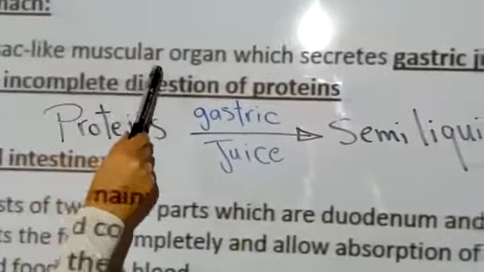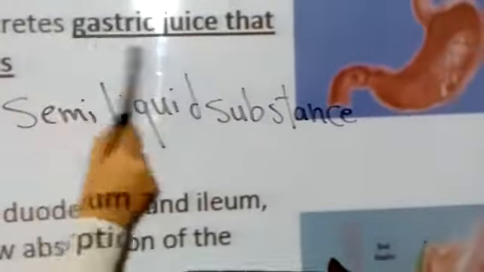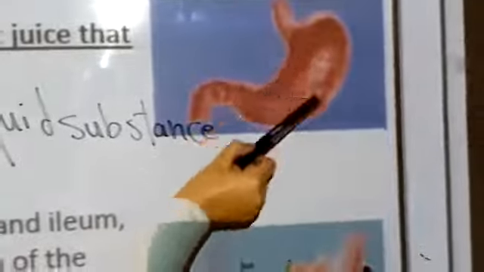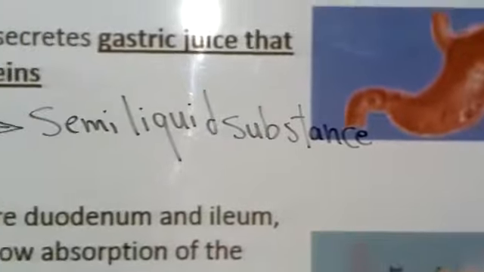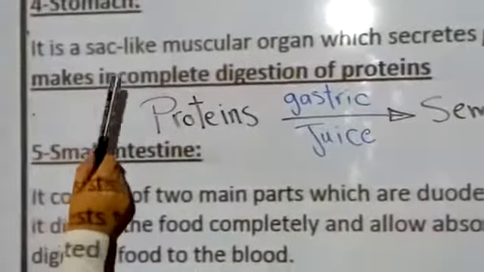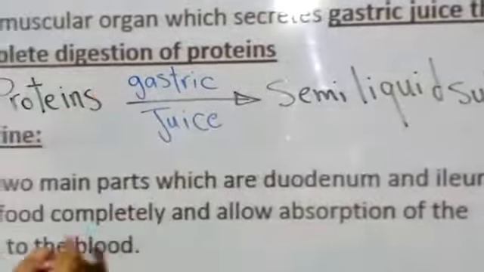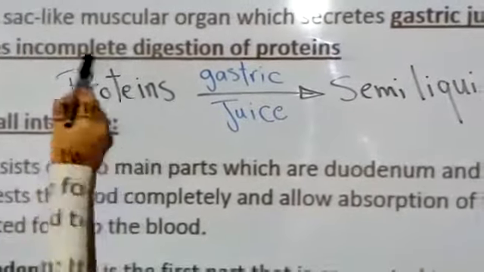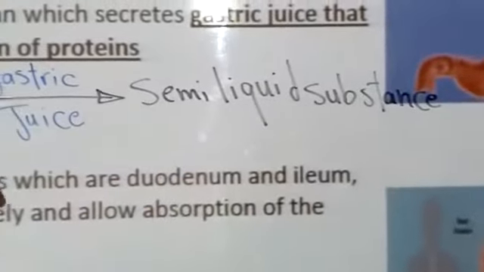It's a sac-like muscular organ which secretes what? Secretes gastric juice. So inside the stomach there is the gastric juice. Gastric juice makes incomplete digestion of proteins. So gastric juice inside the stomach changes proteins into a semi-liquid substance.